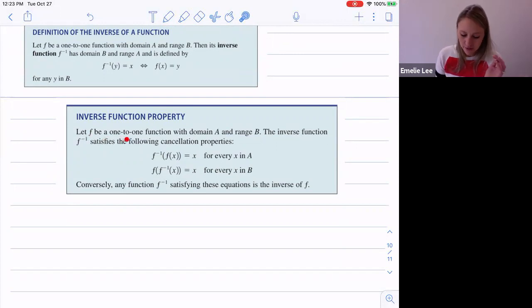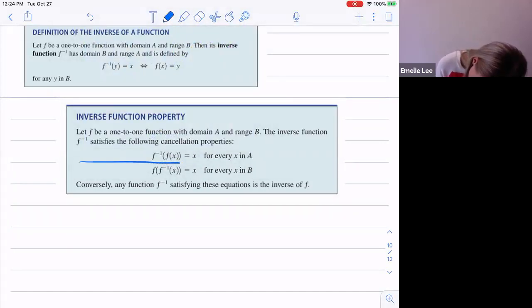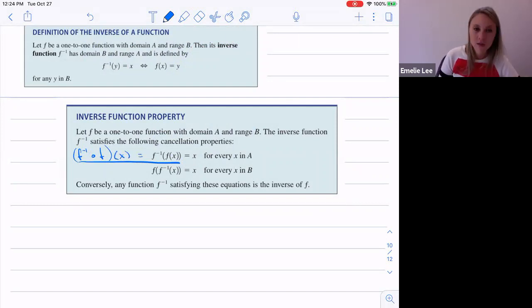Let f be a one-to-one function with domain A and range B. That's the same as up here. The inverse function f inverse satisfies the following cancellation properties. So the inverse of the function, this is a composition of functions. This is the same as f inverse composed with f of x.